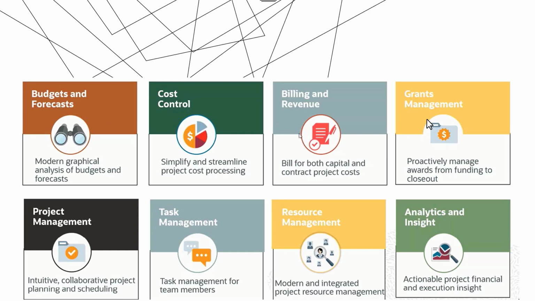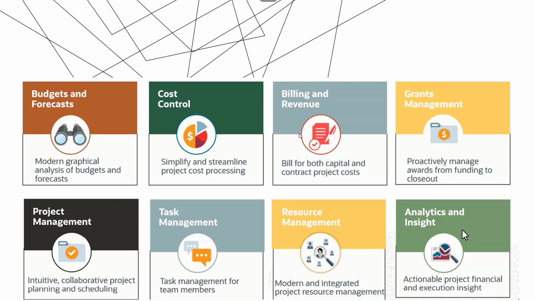As you see here, the down section, project management, task management, resource and analytics and insights, is giving you a clue of what the execution aspects are. Project management you can do, which is collaborative, with project planning and scheduling, and then task management, team members, deliverables and tasks.